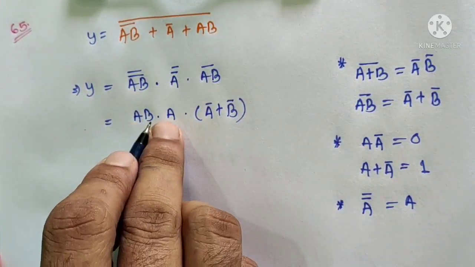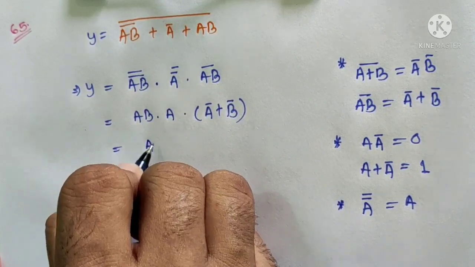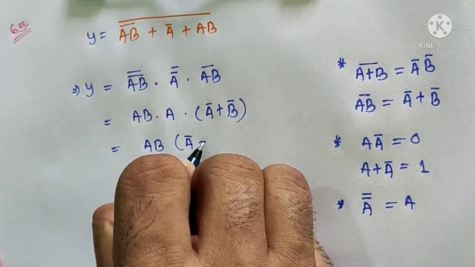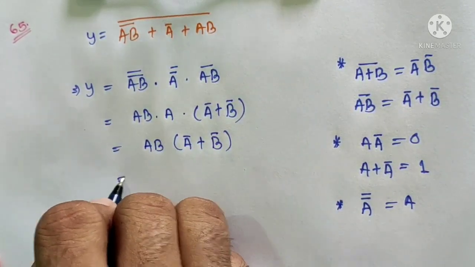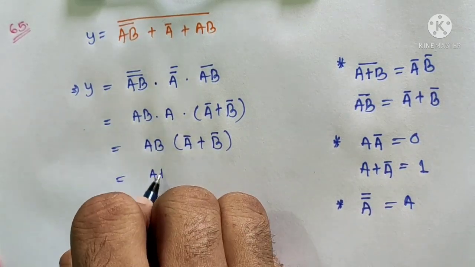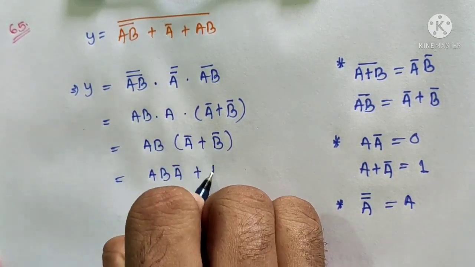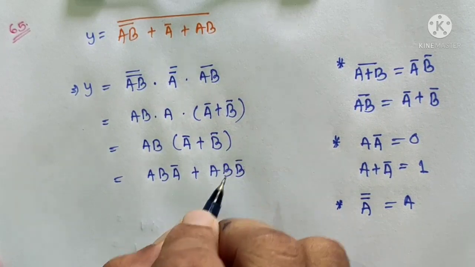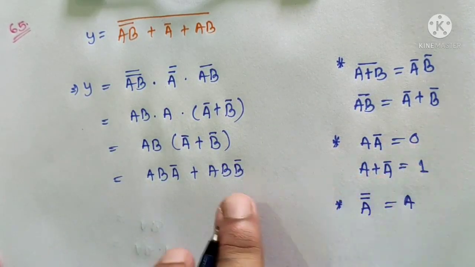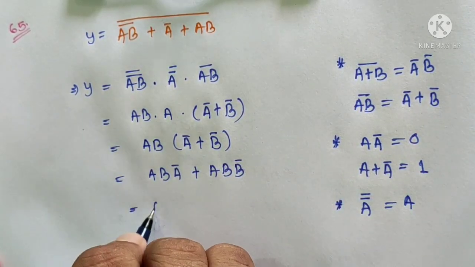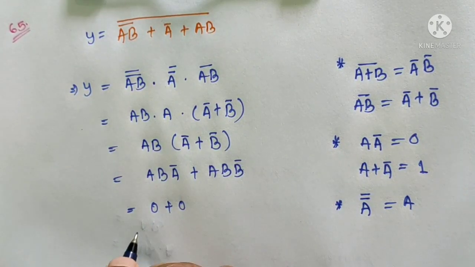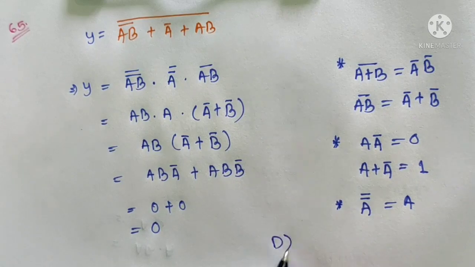Now a times a equals a, so it is a (a bar plus b bar). Now this is equal to a a bar plus a b bar. Here a a bar is 0 and a b bar is 0, so this is 0 plus 0 equals 0. So your correct option is option D.